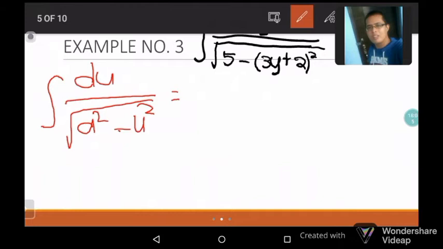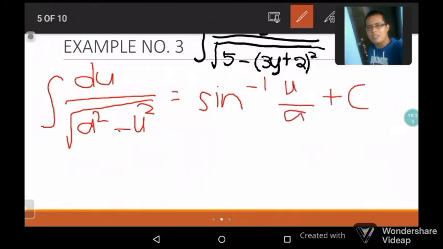So which means ito ay arc sine U over A plus C. Okay, so punta tayo sa ating example. So tandaan mabuti, arc sine U over A plus C, pag naka-encounter kayo ng ganitong forma, arc sine na yon.